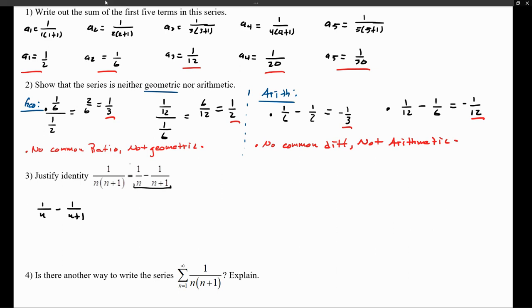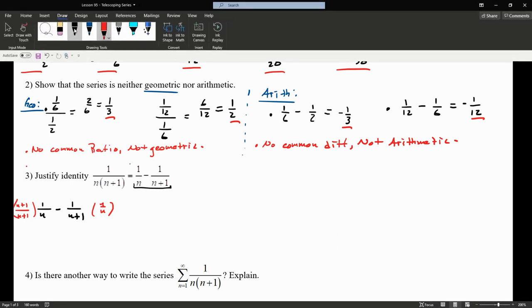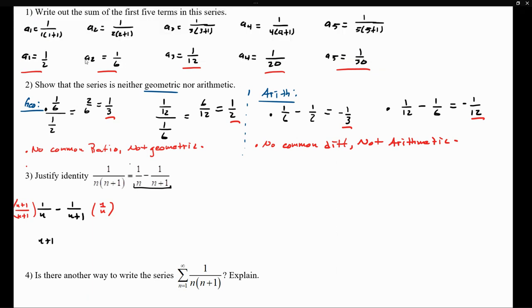Notice that the left hand side has a denominator of n times n plus 1, which happen to be the denominators of the two fractions on the right. So to make it fit, I can multiply n over n on the left fraction, and I can multiply n plus 1 over n plus 1 on the right. By doing that, I have n plus 1 over n times n plus 1 minus n over n times n plus 1, which have the same denominator.